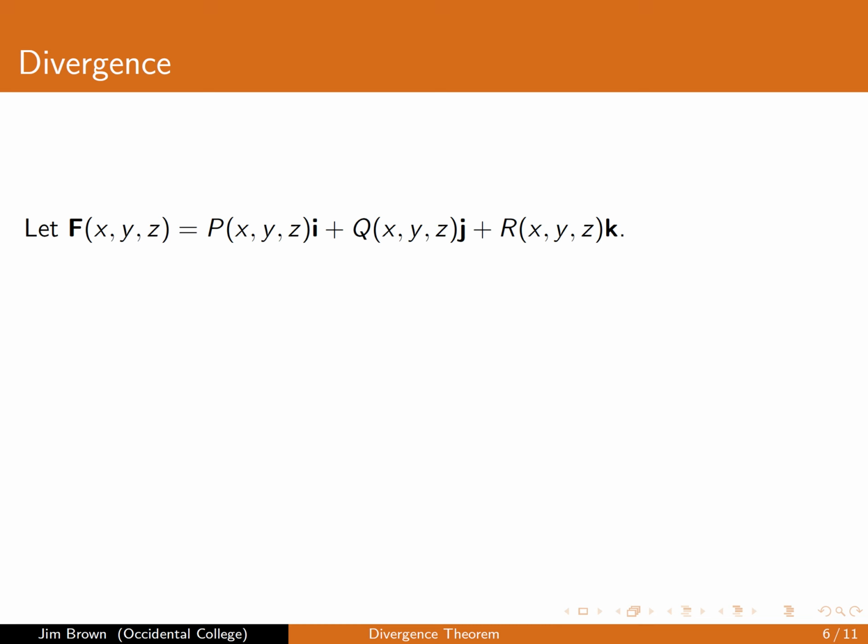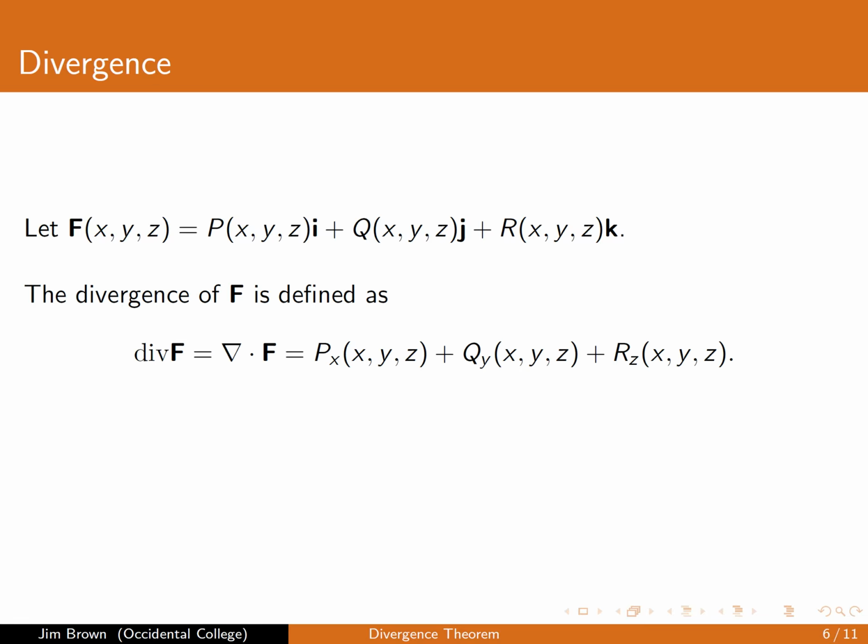So let's go ahead and define our divergence. Thankfully, the divergence is much easier to calculate, less work at least, than the curl of a vector field, because essentially we're taking a dot product instead of a cross product. You can use either notation, div f for the divergence of f, or more suggestively, this nabla, the del operator dotted with f.